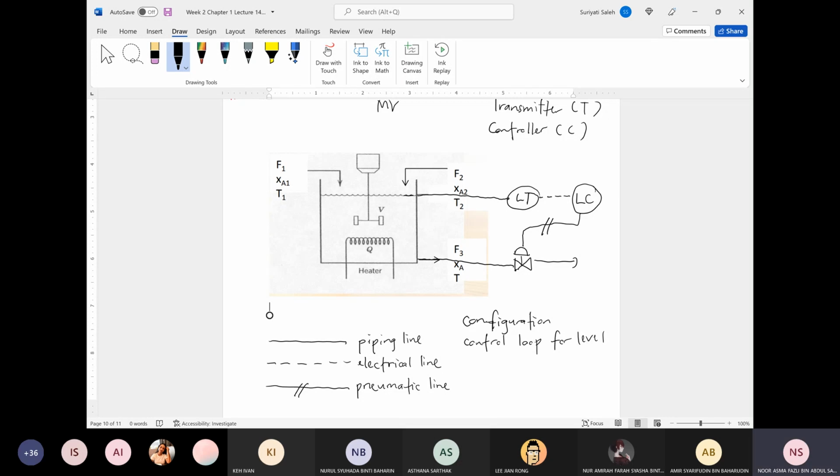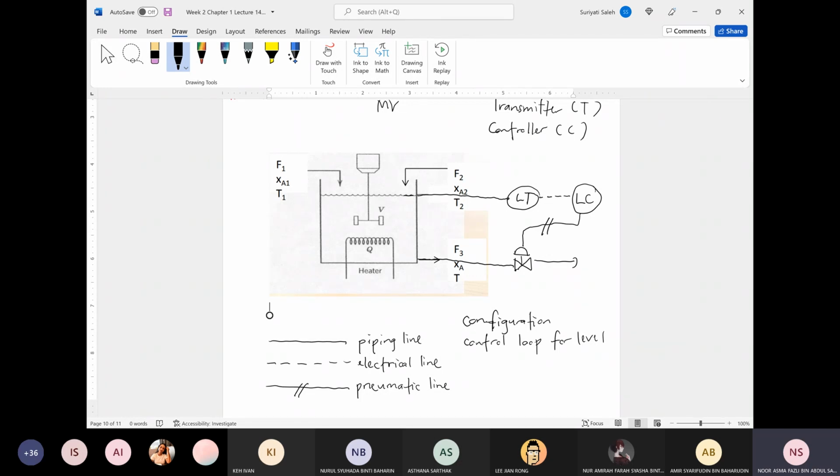In the pneumatic line, you change the signal from electrical to flow rate. So pneumatic will change the signal. The controller will calculate how much flow rate is needed and send the information in the electrical line.